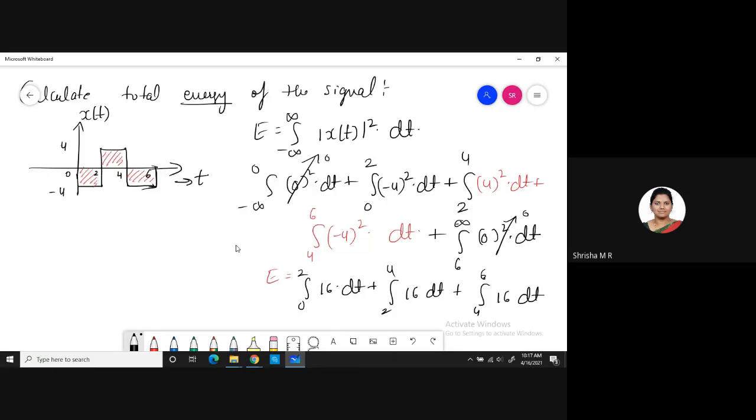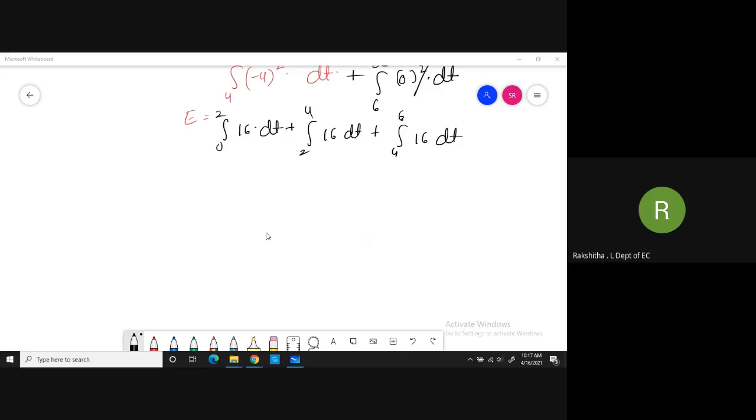Then put limits to t, 0 to 2, plus 16t with limits 2 to 4, plus 16t with limits 4 to 6.